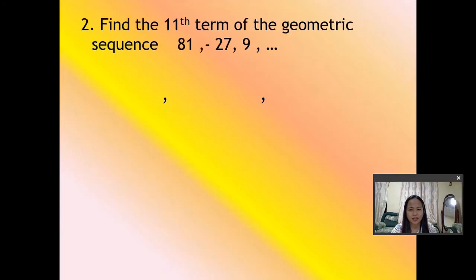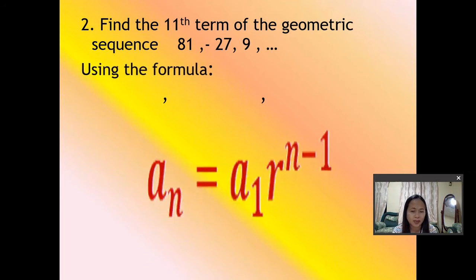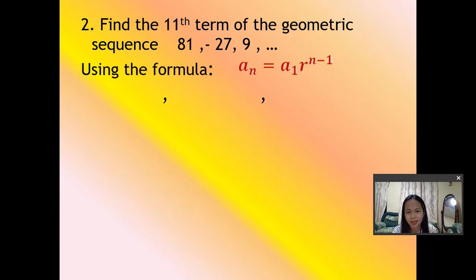Okay, let's have another example. Find the 11th term of the geometric sequence 81, negative 27, 9, and so on. Using our formula, the nth term of geometric sequence, our first term is 81, and our common ratio is negative 1/3.